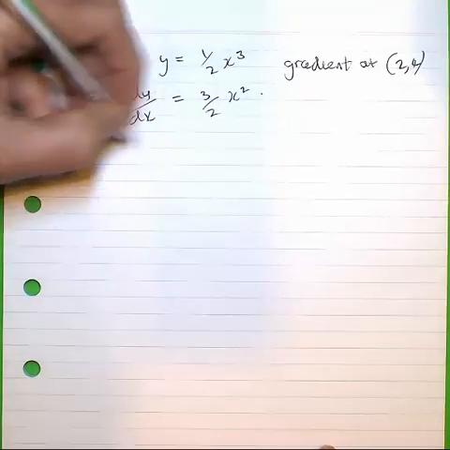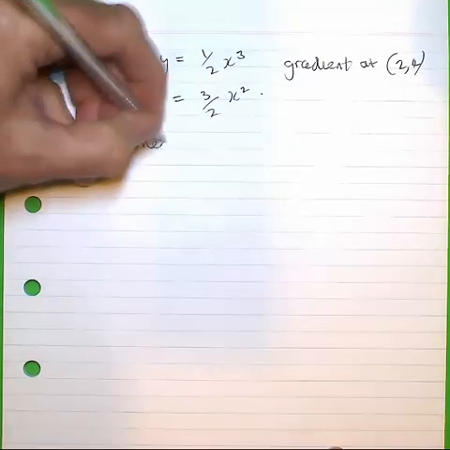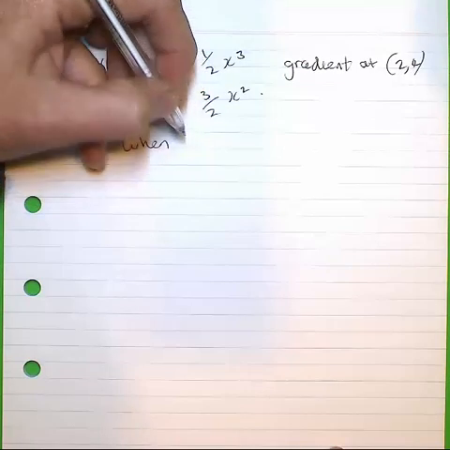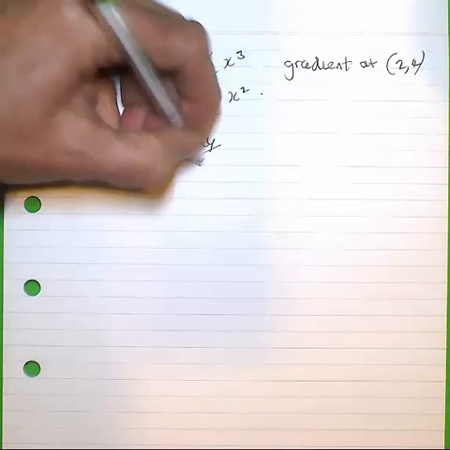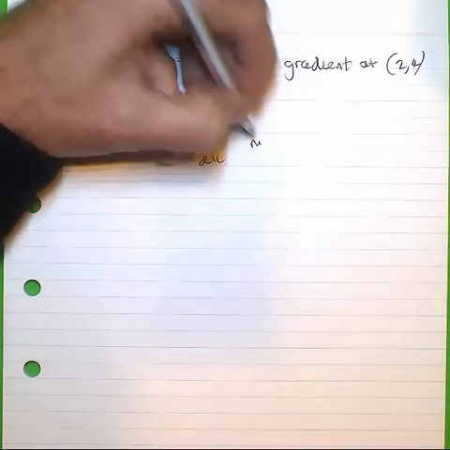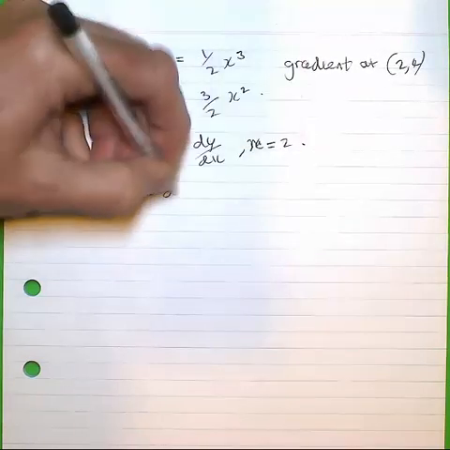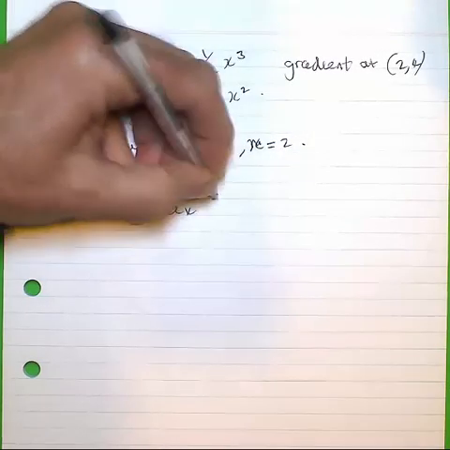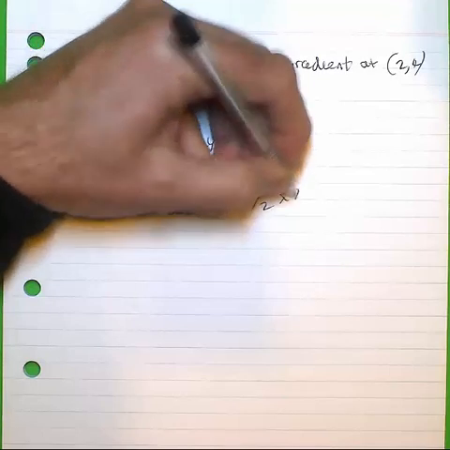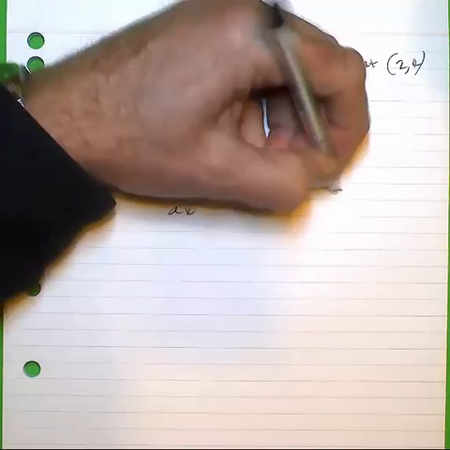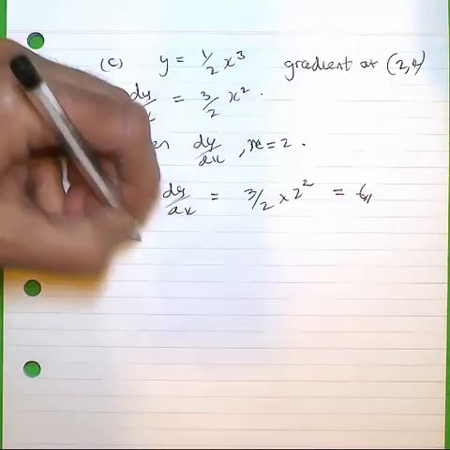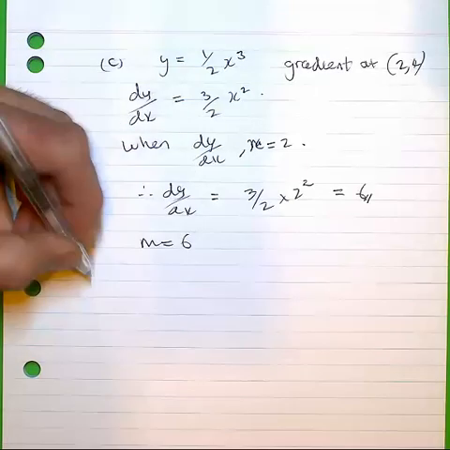And what I then do is to find the gradient when x is equal to 2. And that ends up being 6, or m is equal to 6.